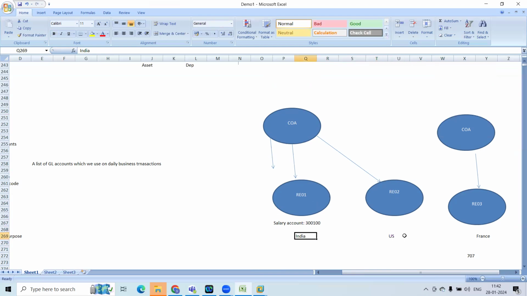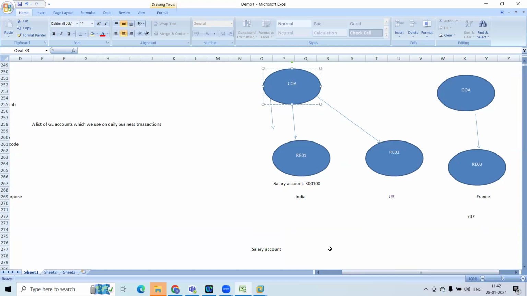Here also they have different GL accounts, but you need to group them together and get that final balance sheet. How you group it is that you create separate grouping GL accounts. That's your group chart of accounts. You will create a group chart of accounts, and you will assign that again to these GL accounts.